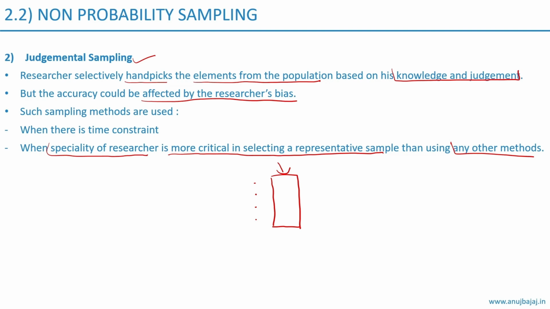A seasoned auditor, who is experienced and skillful, selects accounts or transactions in such a way that accurately represents the financial statements' condition. So when the specialty of the researcher is more critical in selecting a sample, the judgmental sampling method is more useful.